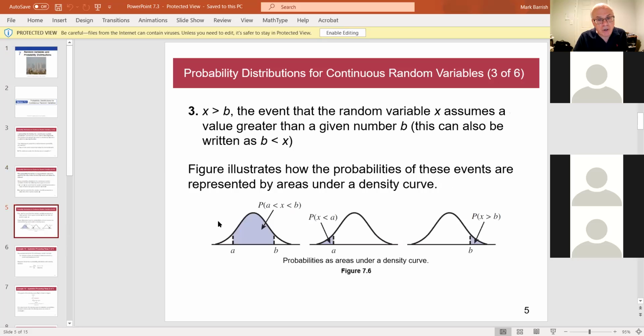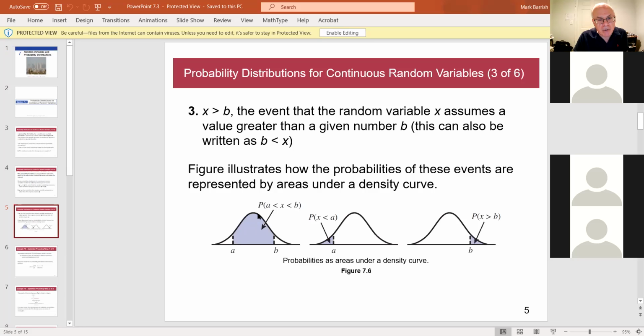So here's a curve. These are bell-shaped curves, but they don't have to be. They could be any shaped curve. Here's 3: x is greater than b. So when we want to find the probability that x is between a and b, we're interested in that shaded area between a and b along the x-axis.